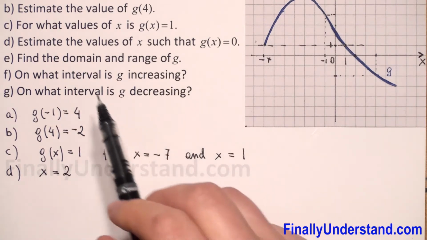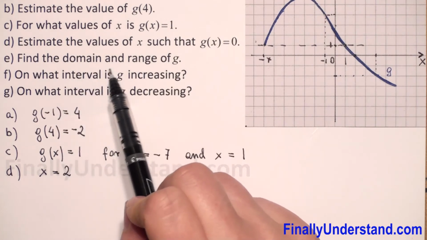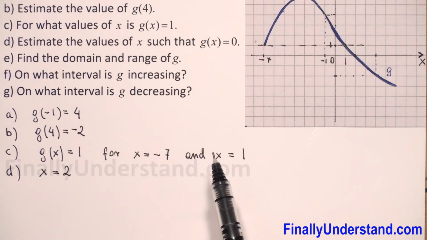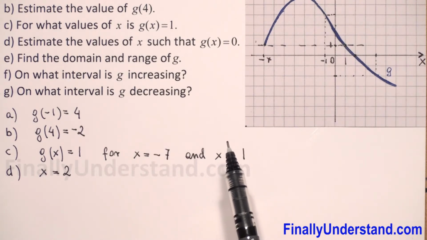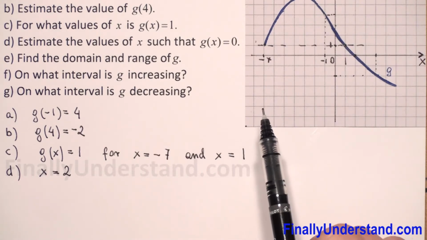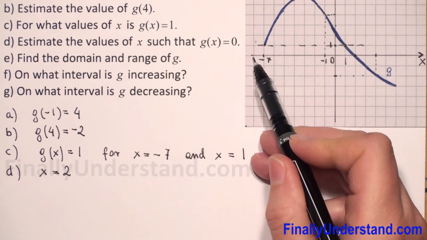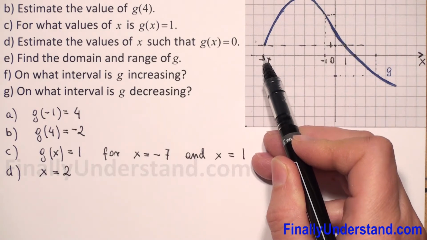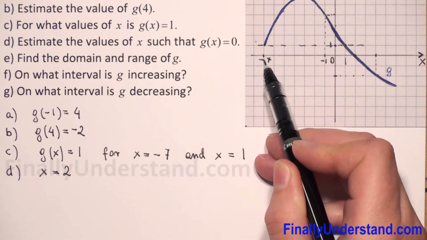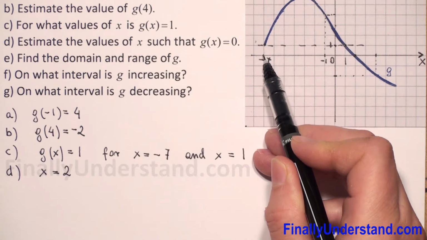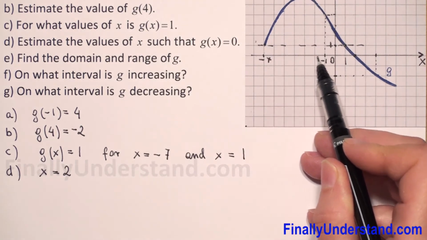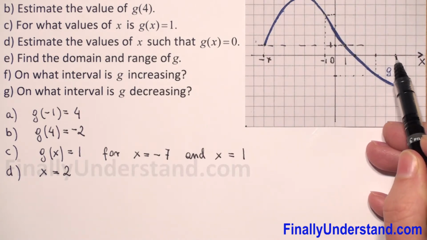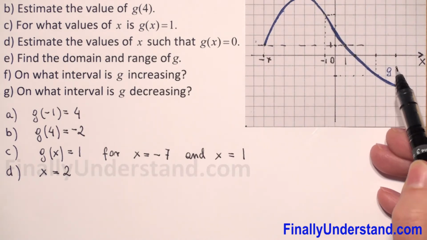Now we have to find the domain and the range of g. When we have to find the domain, it means we have to find all values of x. So we just walk on the x-axis and we see our graph starts from -7. At this point we have -7, and this function is going to that point. Yes, we just have to read for which x.